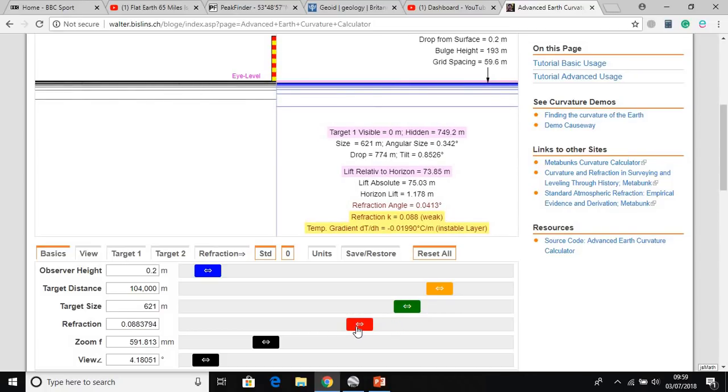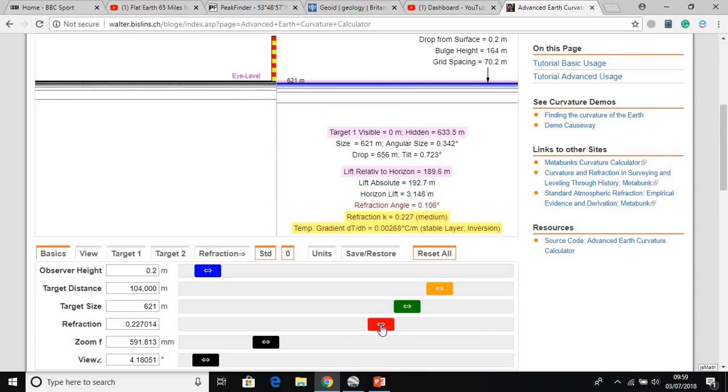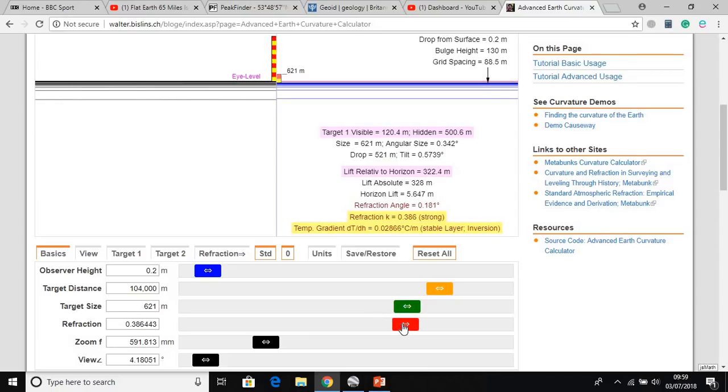So we would expect that sometimes it would not be visible, and on other occasions, a very small part visible. On other occasions, if the refraction angle got up to 0.18 of a degree, for example, or 0.2 of a degree even, you'd expect a significant portion of the top of the Isle of Man to actually be visible. Notice it's the top of the block that's visible. This is not the whole block reduced in size.